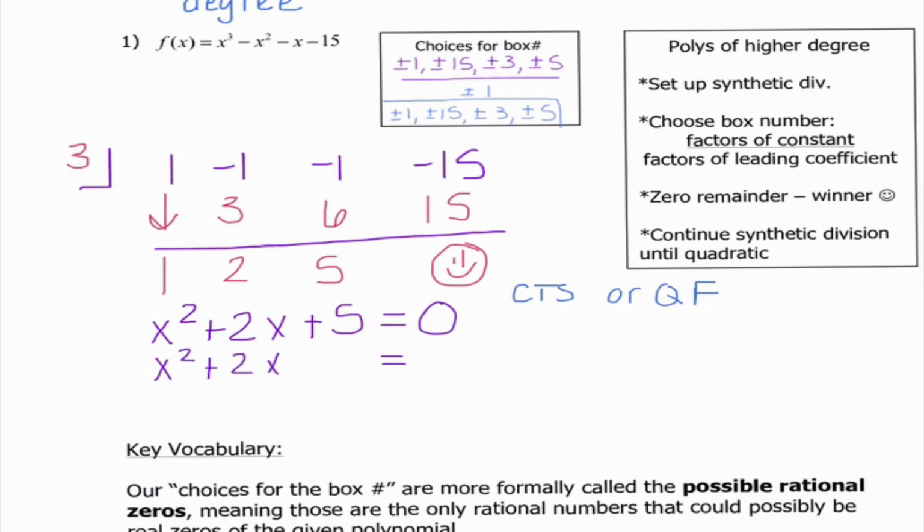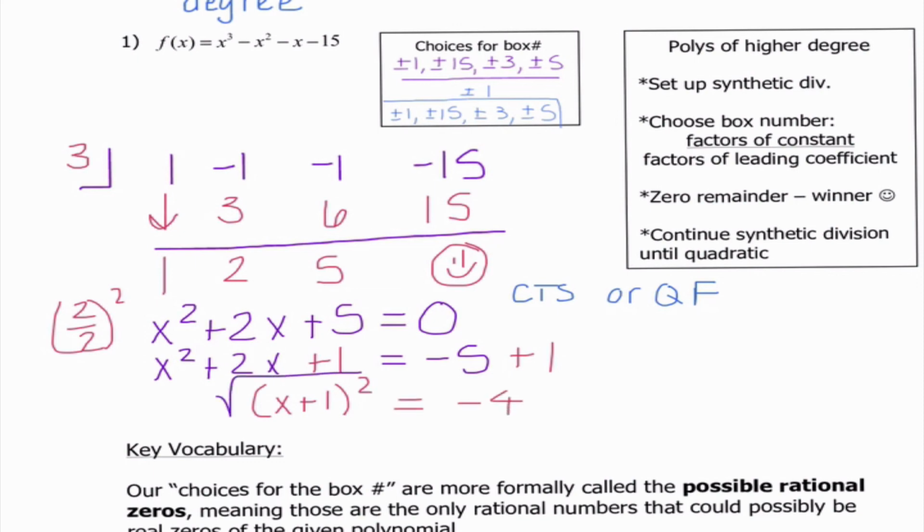So I'm going to subtract 5. To figure out what to add here, I take that 2, this coefficient here, and divide by 2, then square it: 2 divided by 2 squared, which is 1. Whatever I add to one side, I have to add to the other side. When I factor this, it becomes x plus 1 squared equals -4.